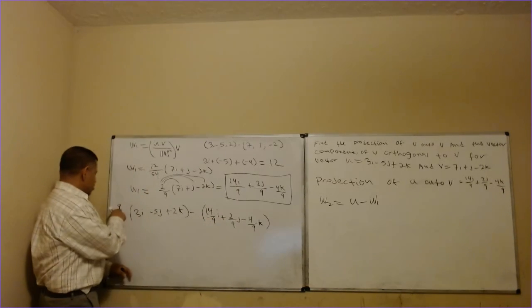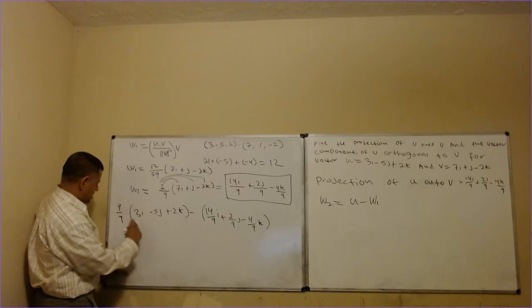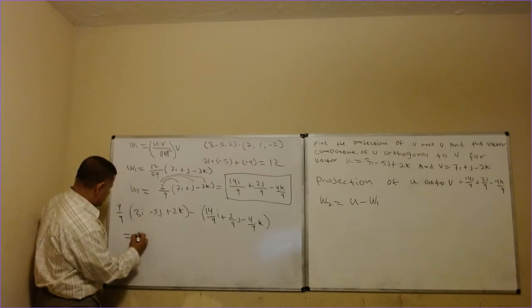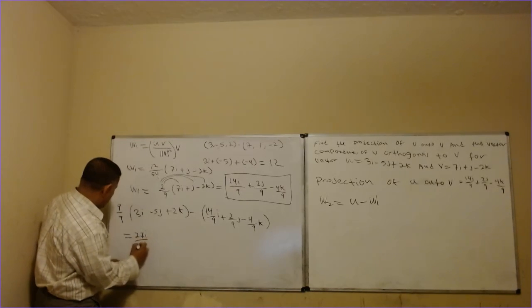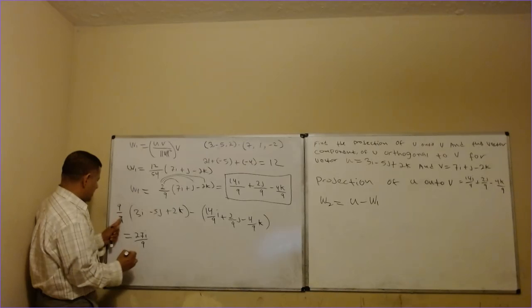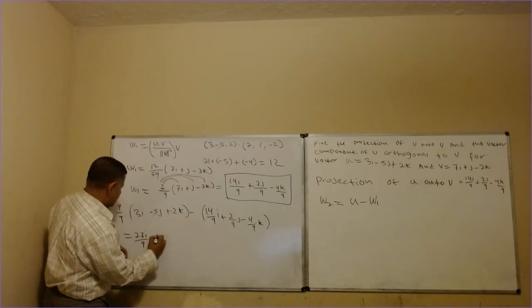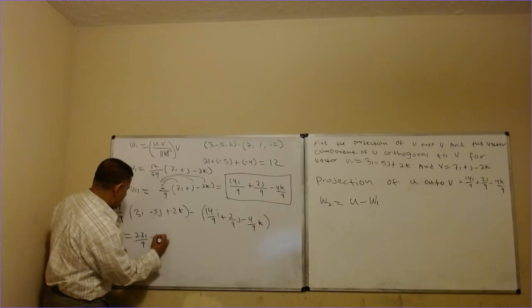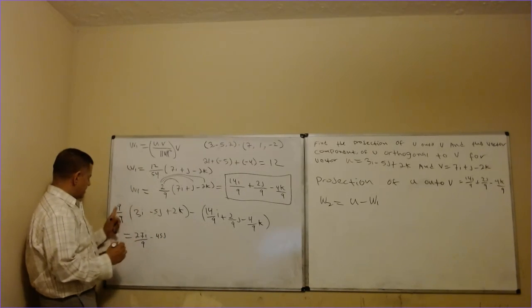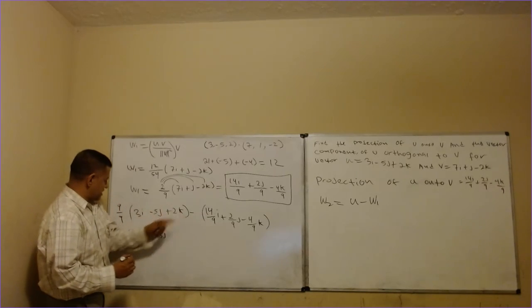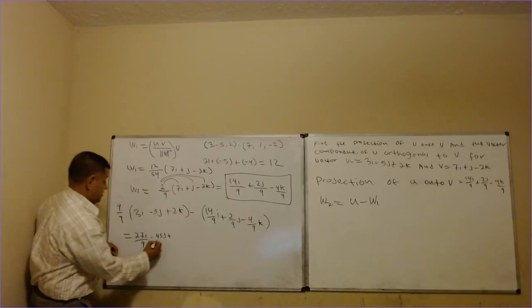So this times this is equal to 27i over 9, and then this times this is negative 45j over 9, and this times this is 18k over 9.